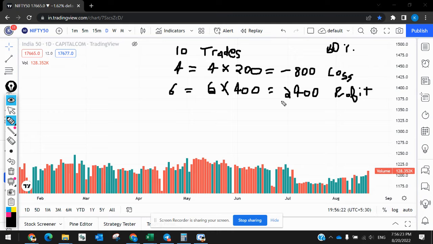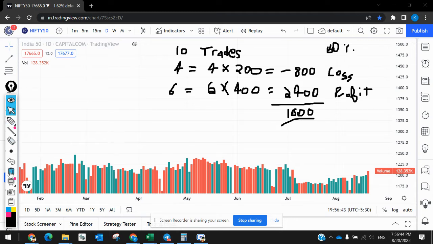So if you see, I still have an overall profit of 1600. This is only because I followed a 1 is to 2 risk reward and I was able to maintain a 60% accuracy.